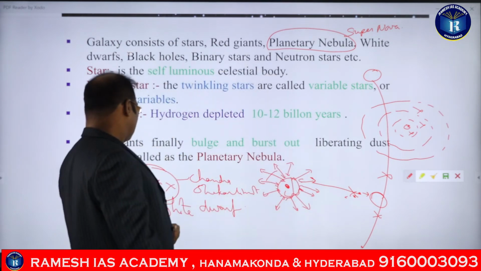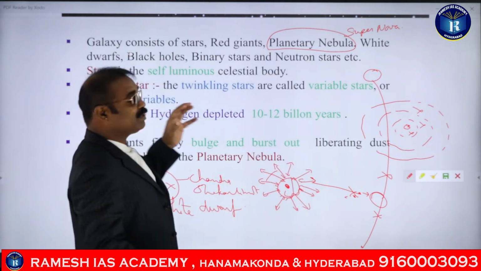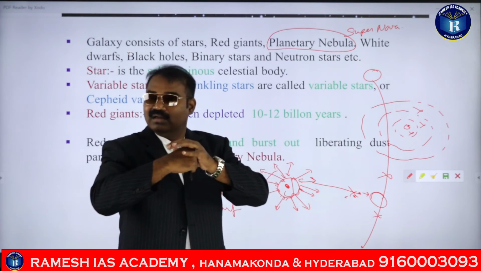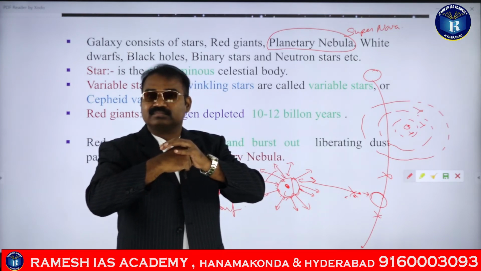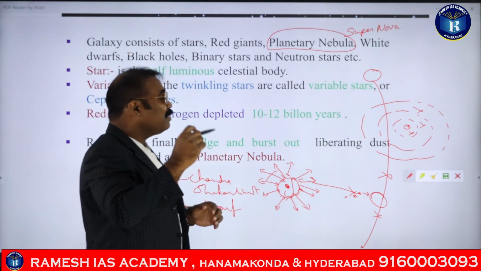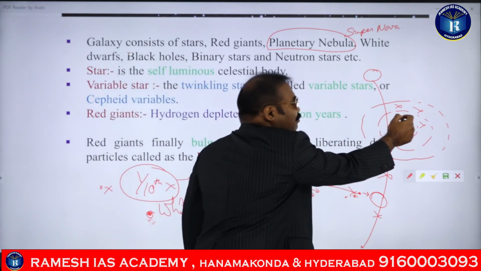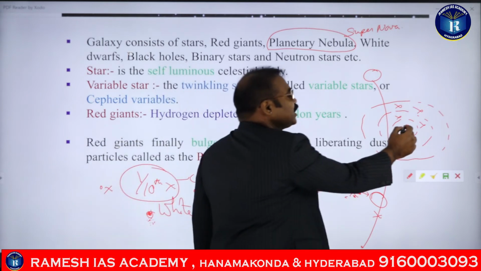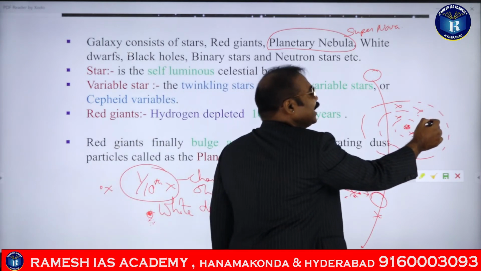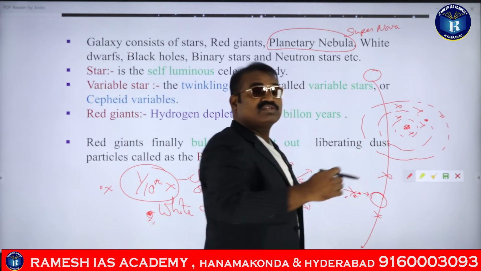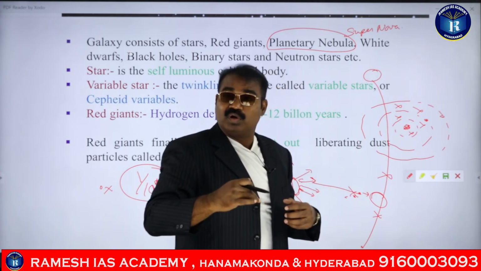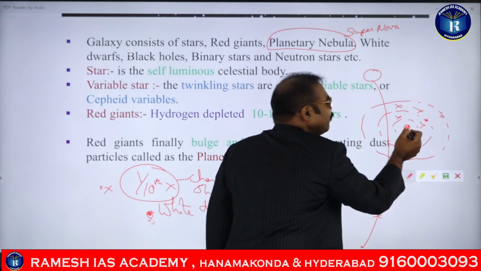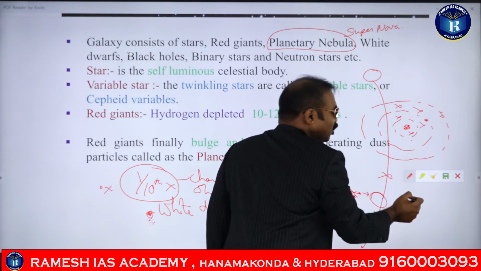But in the white dwarf, what is happening? Because of the increased temperature and pressure, the baryonic matter completely loses its space, guys. Everything is broken: the electrons will be broken, the protons will be broken, the nucleons will be broken, and everything will fall back into a small portion.